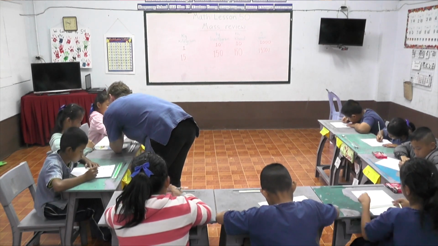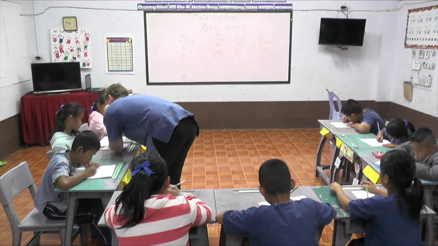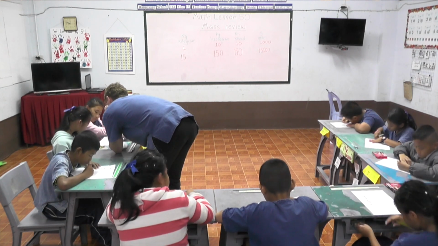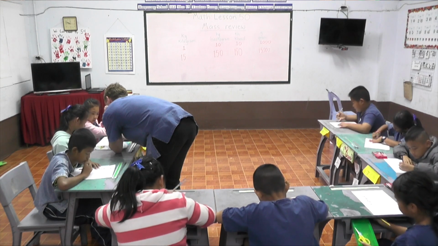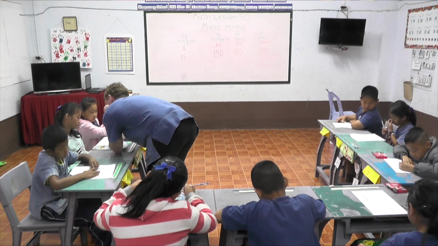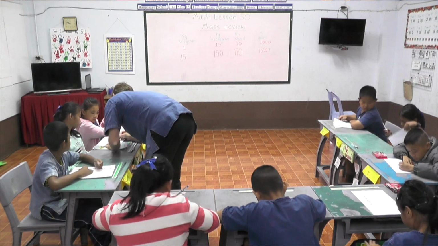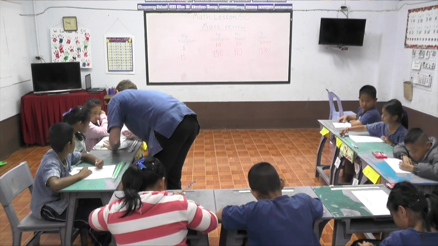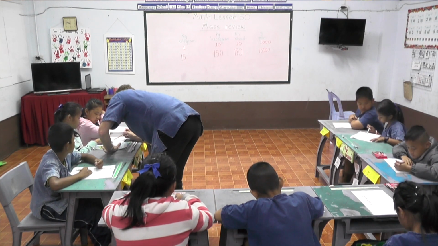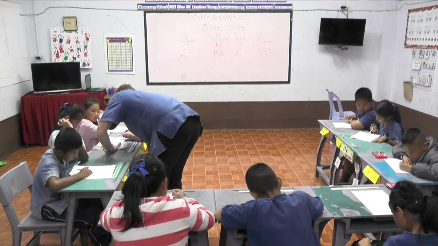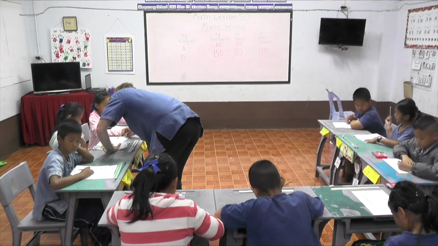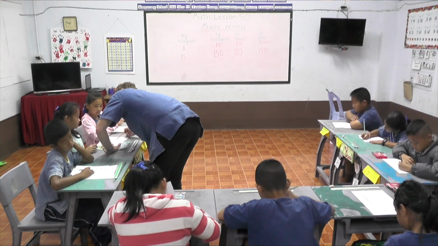Excellent. But remember, we have 50 grams left over. 350, so 3 hectograms. And 50 gram. See, we have our 50 gram. 3 kg, 50 gram. Yes, this one, perfect. 300 grams, 3 hectogram. But 350 grams, 3 hectogram, and then what's left over? 50 grams.